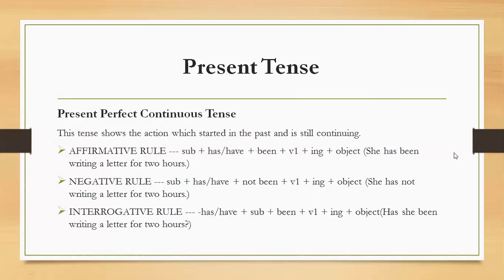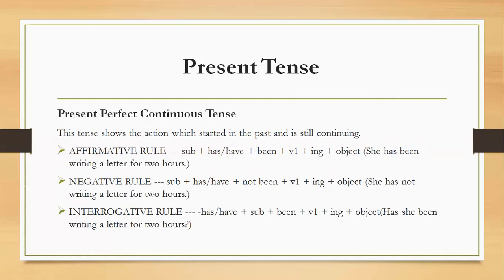Now, present perfect continuous tense. As the name goes, it is the combination of perfect and continuous forms of present tense. It is used to indicate an action that started in the past and is continuing at the present time.